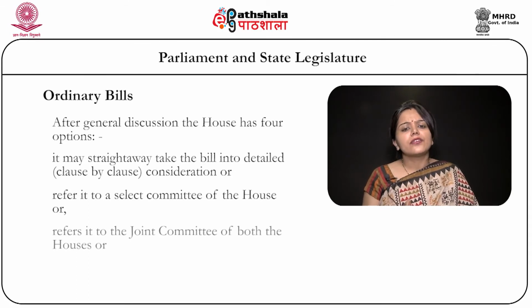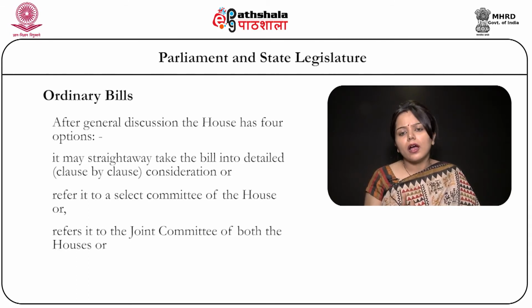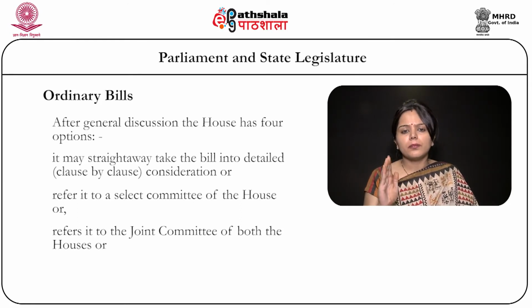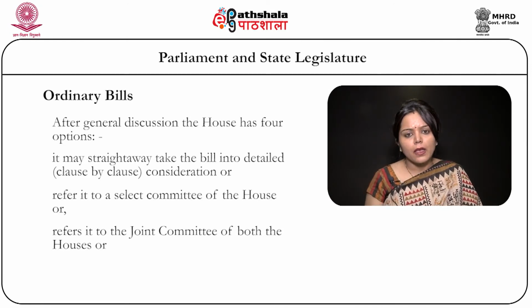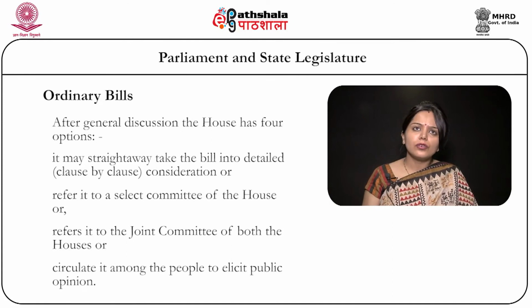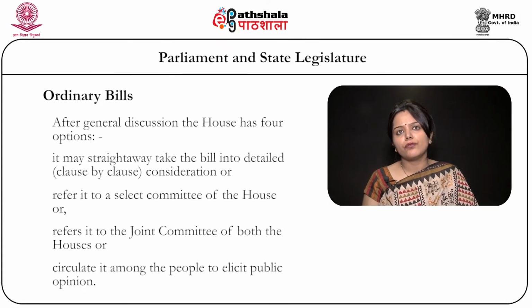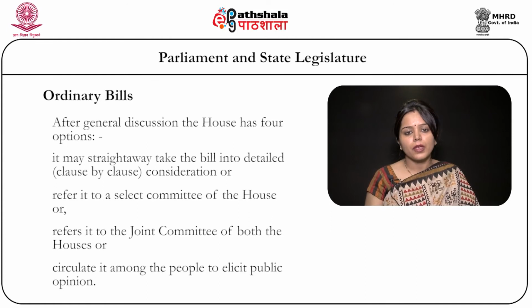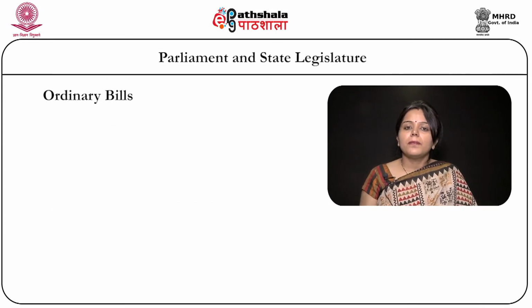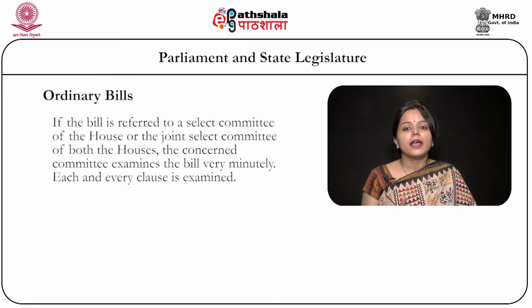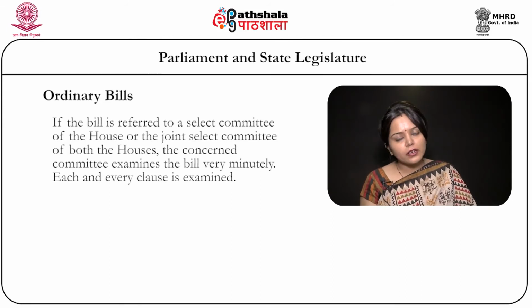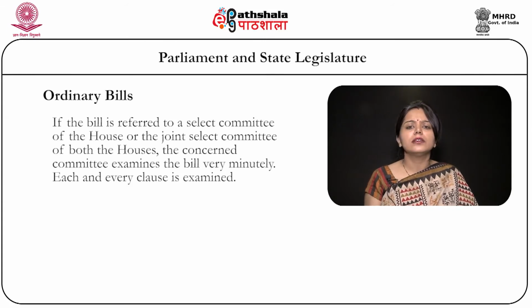Thirdly, it may circulate the bill among the people to elicit public opinion. And the last one, it can refer the bill to a joint committee of both the houses. In short, the bill is read by the members, by the select committee, by the joint committee of the houses, or by people whose public opinion is elicited.